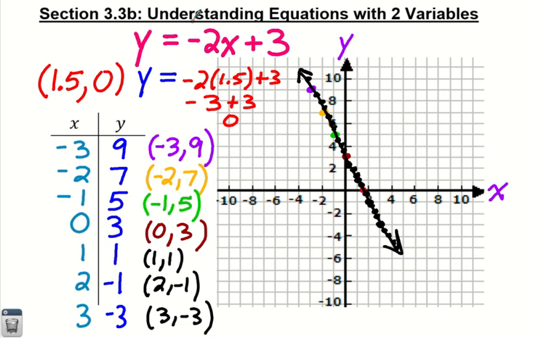So negative 3 comma 9 is one solution, negative 2 comma 7 is another, negative 1 comma 5 is a third solution. Here's another, here's another. And the graph is just a picture of all the solutions. All right?